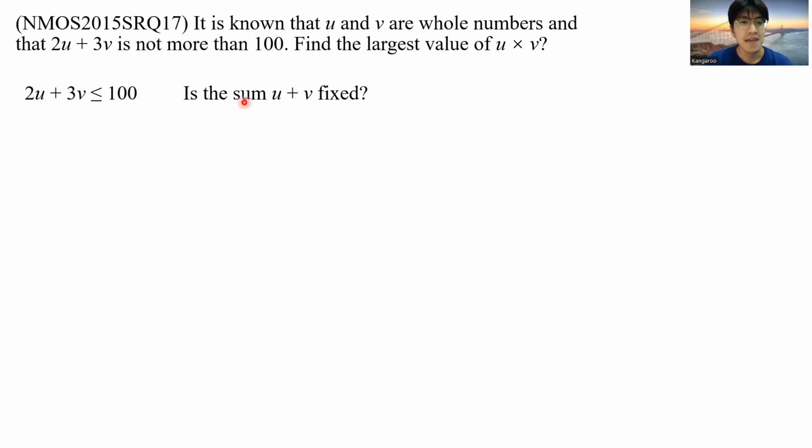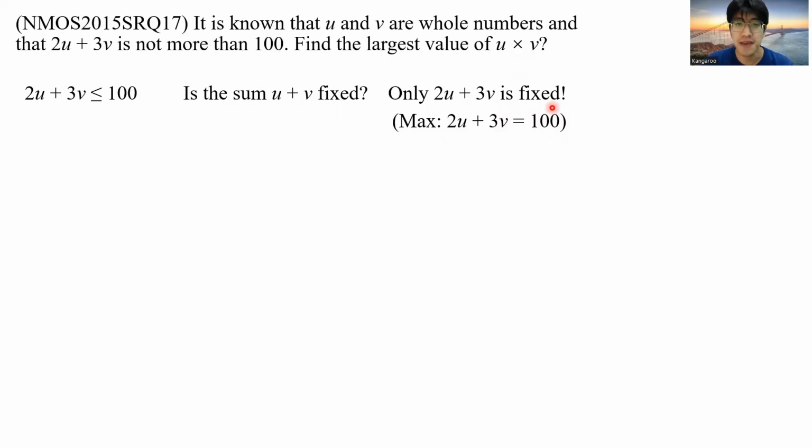So we see that even though u plus v is not fixed, the sum of 2u plus 3v is always fixed under the maximum condition. So instead of looking at u times v, we can look at this expression instead.